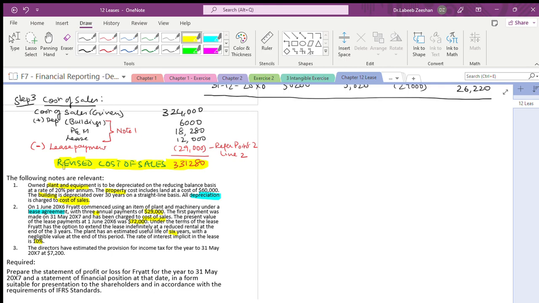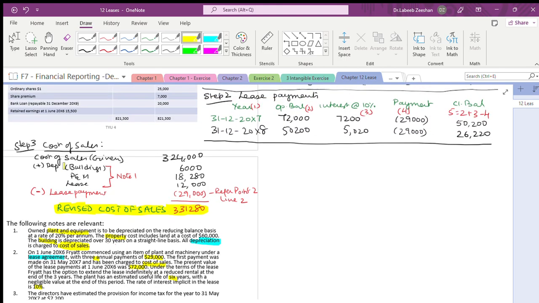We have done the lease. How much is the lease? 26,220. Is it right? This is the lease. This is non-current liability. Okay. What have we done? We have done depreciation.